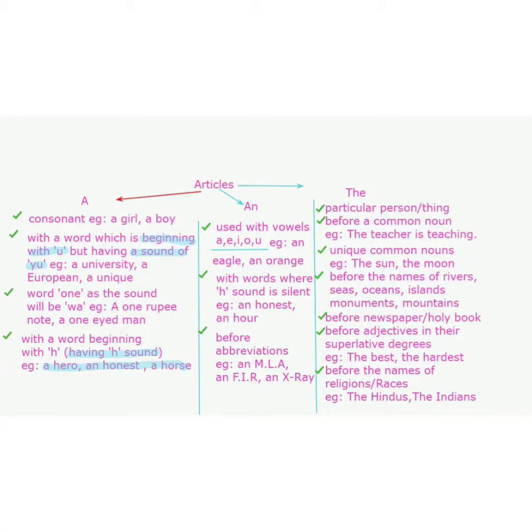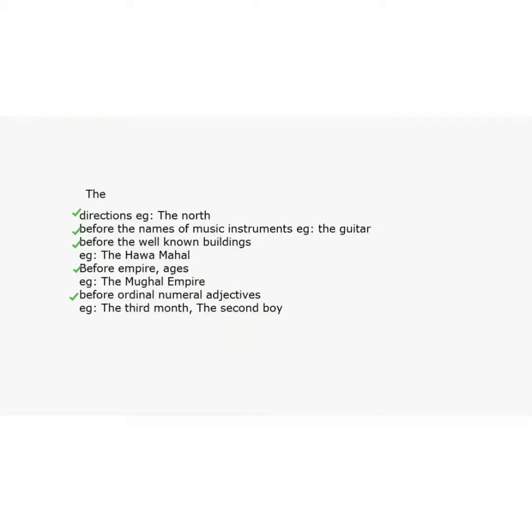Next, whenever we talk about directions, for example, move to the north direction, move to the south direction. Next, whenever we talk about musical instruments, she has learned to play the guitar very well. So, the guitar. Next, before well known buildings, for example, last year I visited the Hawa Mahal. So, Hawa Mahal is a well known building, very popular, so hence we will use the there.